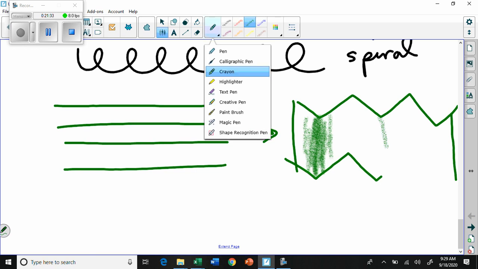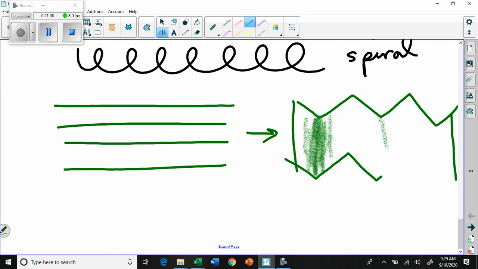See, it's not listening to me. There it goes, pen. So this goes up, and then down, and then up like that. Okay, green. So this is dark, right? And then lighter up here.